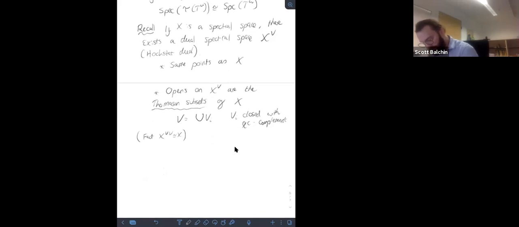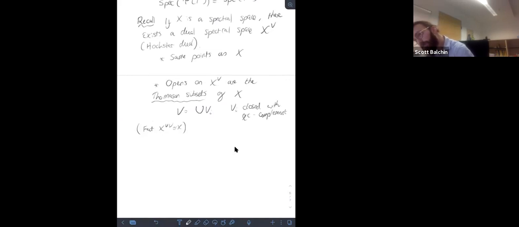And essentially what Hock and Pitch proved, their main theorem, is that if I take the Spec of T omega from the lattice, this is actually homeomorphic to the Hochster dual of the Balmer spectrum. So this is the key point.